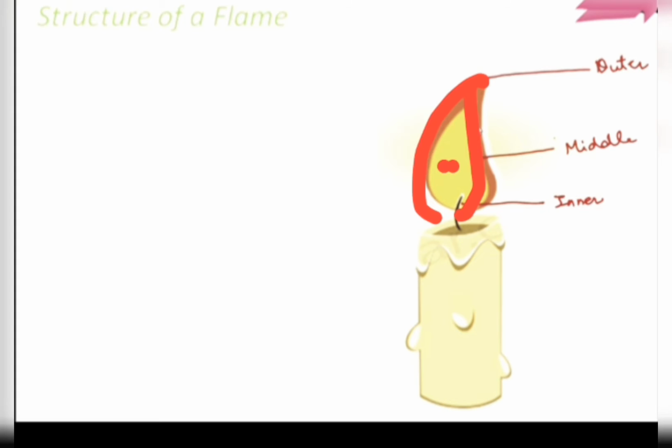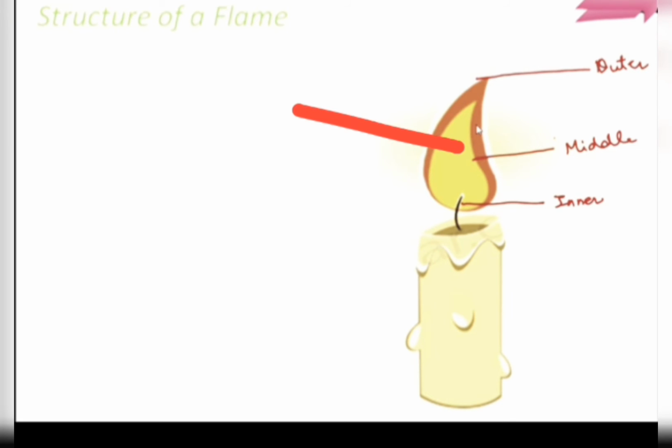So based on this, the structure of a flame is divided into three layers: outer zone, middle zone, and innermost zone. What you need to do is take a copper wire or any other metal wire, and put that wire in such a way that some part is in the middle and the other part is in the outer zone, like this.